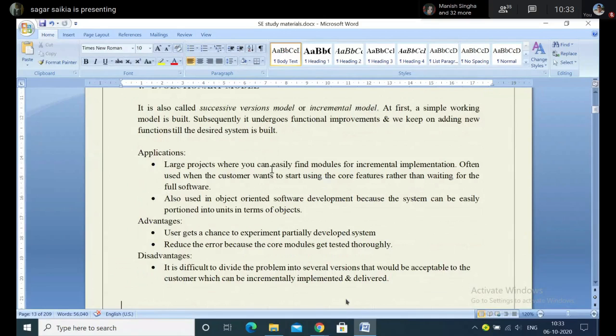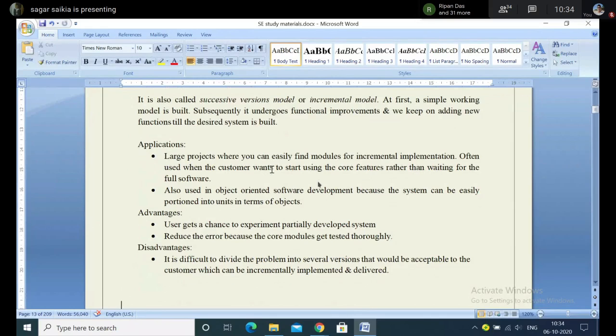No doubt we go for an incremental approach, but we cannot always divide the system into smaller parts and deploy them one by one to the client side. Maybe on our side we can divide it into smaller sections and work it out, but on the client side it has to be delivered as a whole, not part-wise. That is one of the disadvantages of this kind of model.